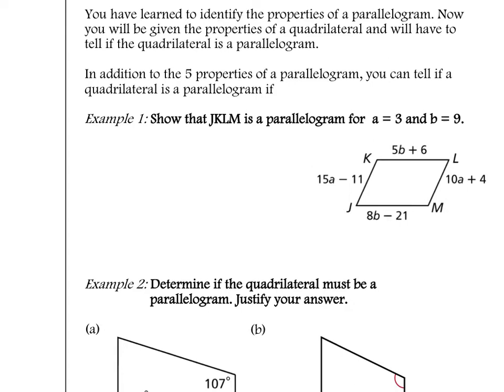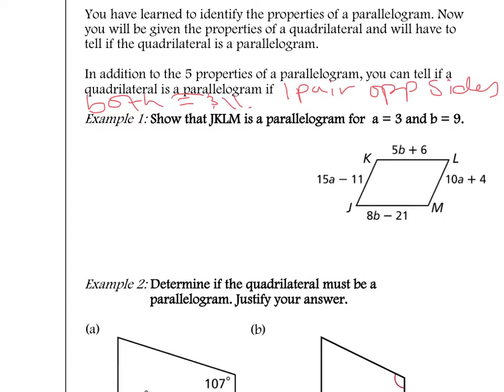So in addition, you can tell the quadrilateral is a parallelogram if one pair of opposite sides are both congruent and parallel. So the property says, hey, if both pairs of opposite sides are parallel, or if both pairs of opposite sides are congruent, then it's a parallelogram. So this new condition says I only need one pair of opposite sides.